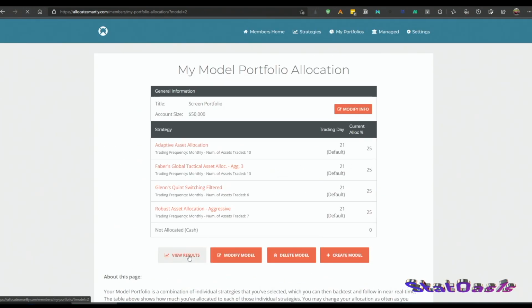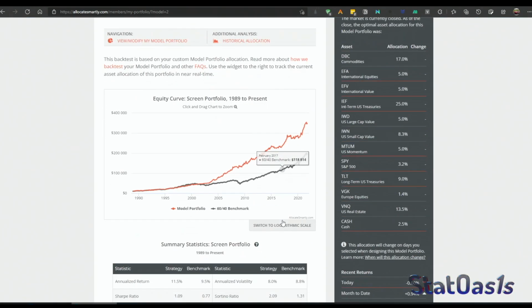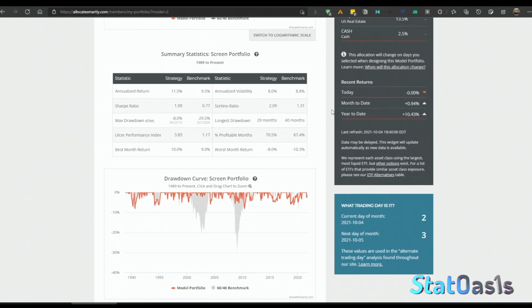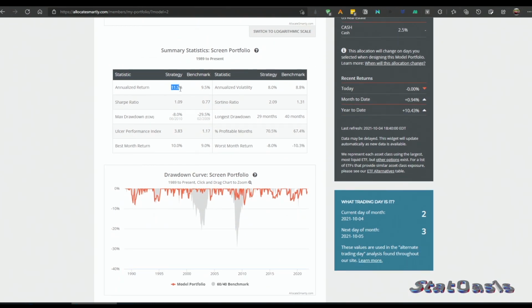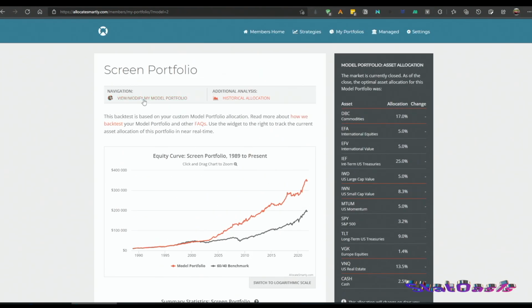From that, I get these results. This portfolio of 4 gives me 11.5% annualized return, 8% maximum drawdown, and a performance index of 3.83.